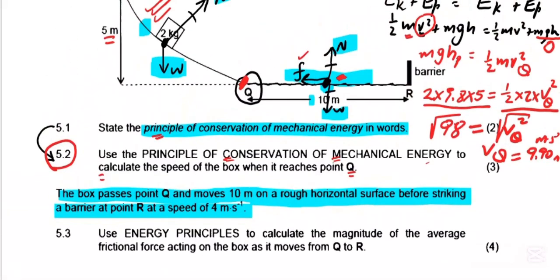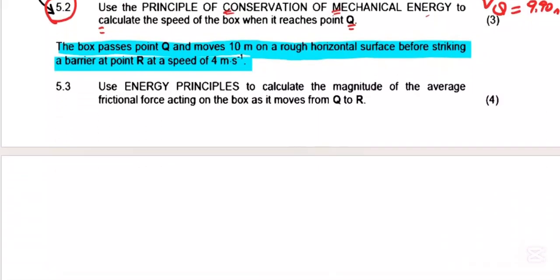So they give us information, and here the speed is 4 meters per second. That is a final velocity. So we can just collect the data: we have the final velocity, which is equal to 4 meters per second at point R.